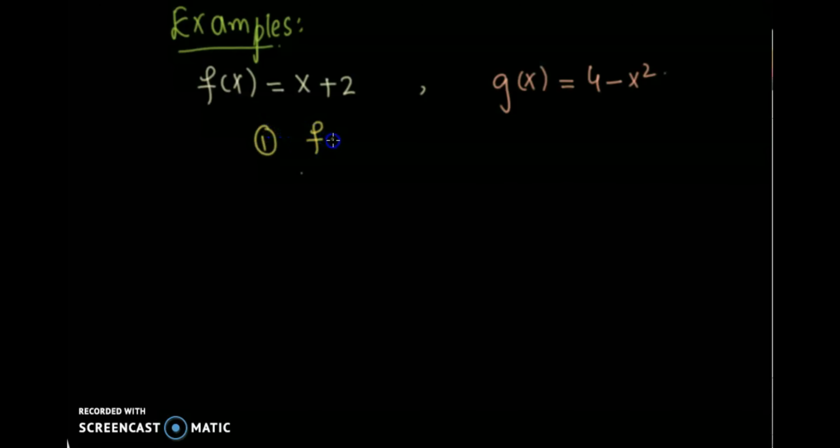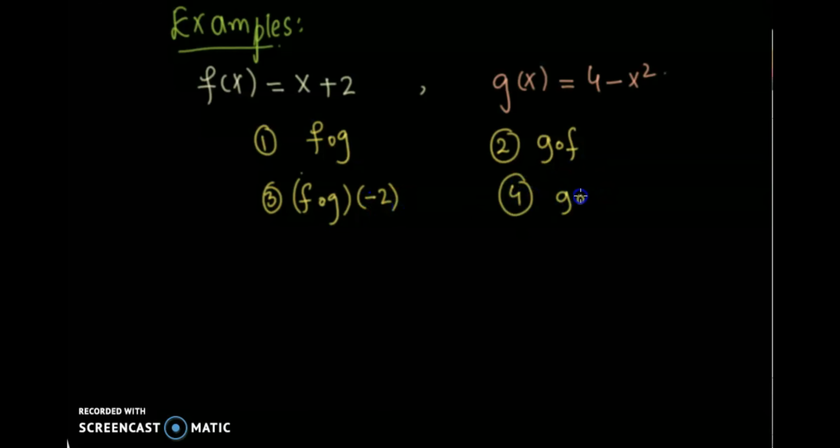One can ask what is f of g, second can be asked what is g of f, third we can ask what is f of g at, let's say, x equal to minus 2, and fourth one can also be asked what is g of f at x equal to, let's say, 3. By the way, I haven't mentioned it, now let me mention it, that f of g and g of f are not always equal. We will talk about them later on as well.